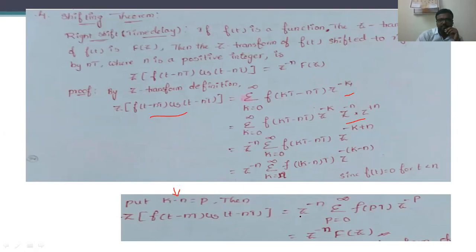Therefore, the final function can be represented as z power minus n into F of z.